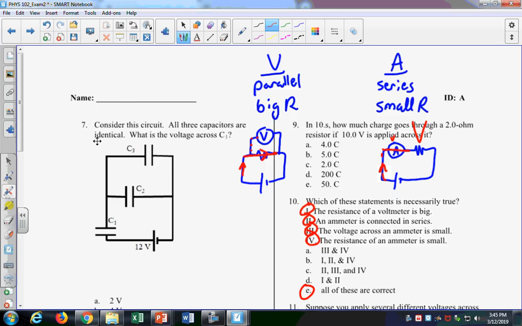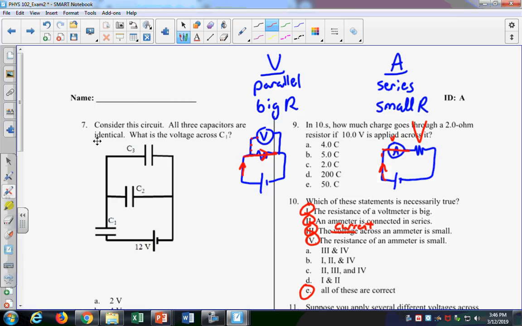What you've got to be careful of is sometimes, what if I said the current across or through an ammeter is small? That can be true, but not necessarily true. The current is whatever you're measuring. Or if I said that the voltage across a voltmeter is big, that could be true.